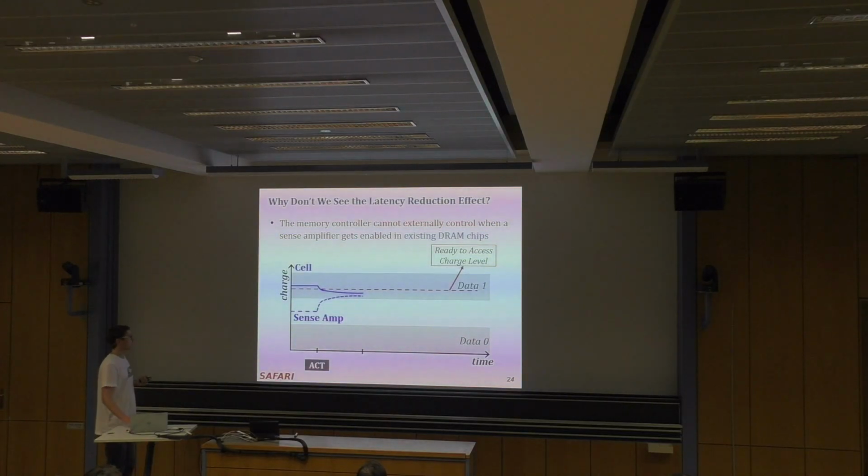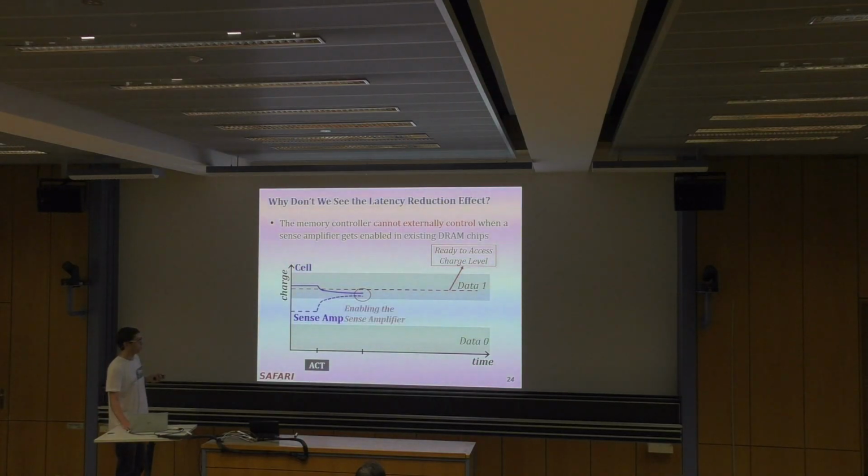Here's an example of such a fixed latency. On the x-axis we have time, and here we have the charge on the DRAM cell, and also the charge level that the sense amplifier has. At the beginning it is at the pre-charge state, somewhere in the middle between high and low, and the cell has some amount of charge. With the activate command, we start the charge sharing process.